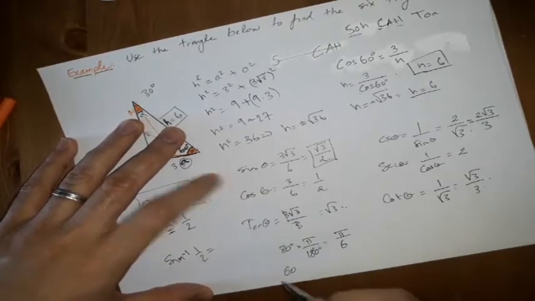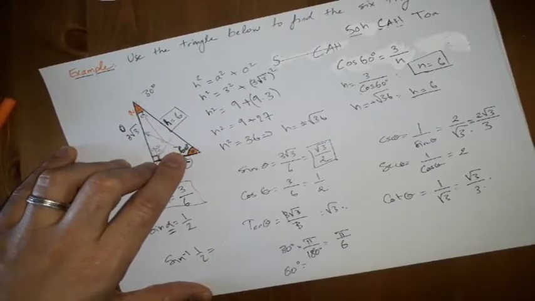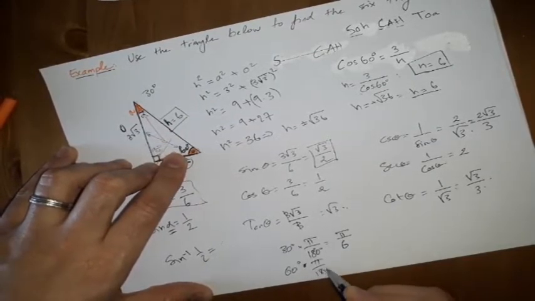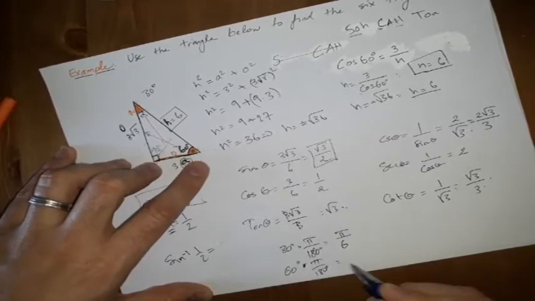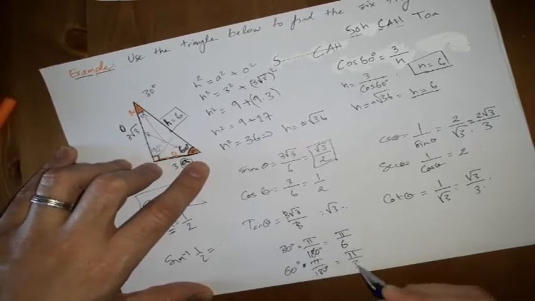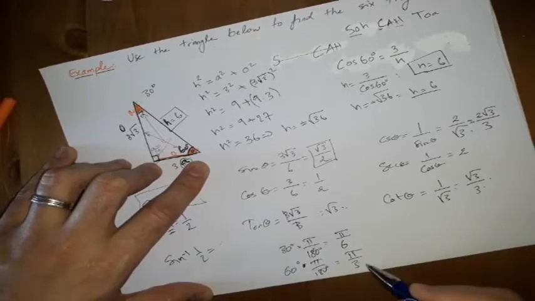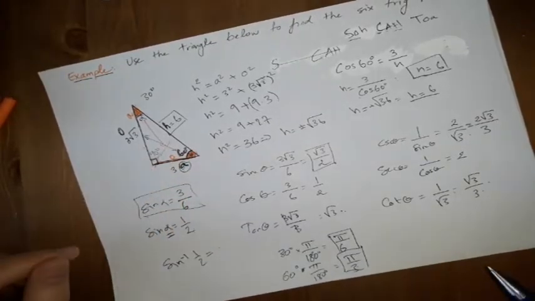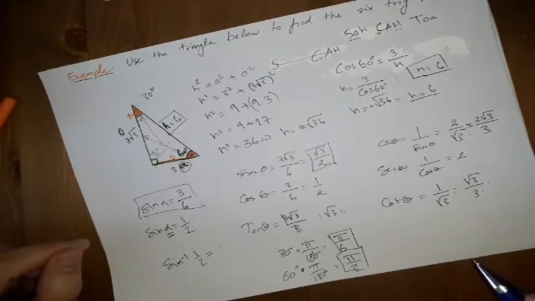And what is 60 degrees? 60 degrees times pi over 180 degrees equals pi over 3, dividing by 60. This is just to remind you about the radian measure.